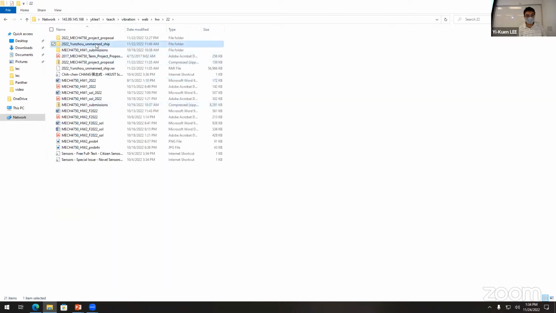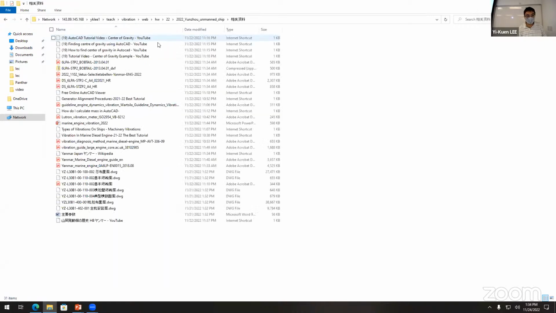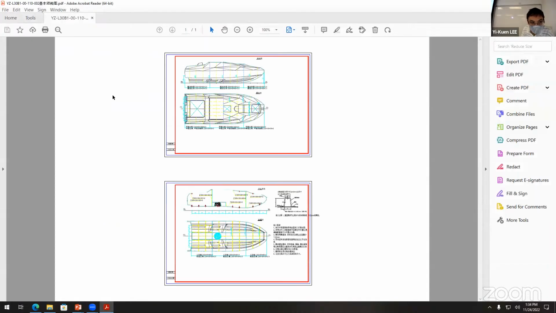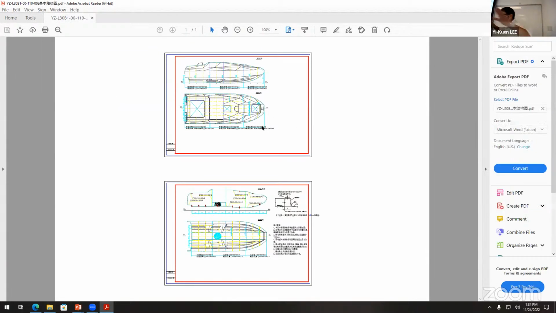Do you have an idea about this? Actually, I tried to create some here. They give you this kind of 3-dimensional design, like AutoCAD. So how can we build a simplified model?